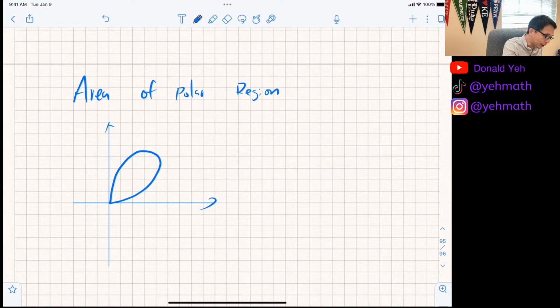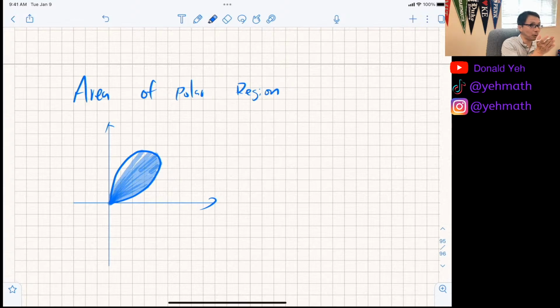Now, the way they calculate the area of the region is they start from the pole and go like this, depending on what angle you choose. It starts adding like this. That's how they calculate the area.